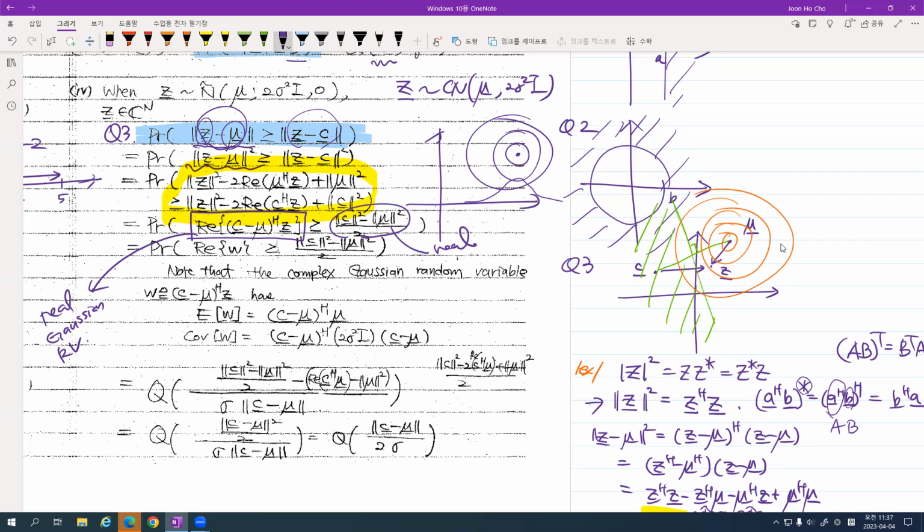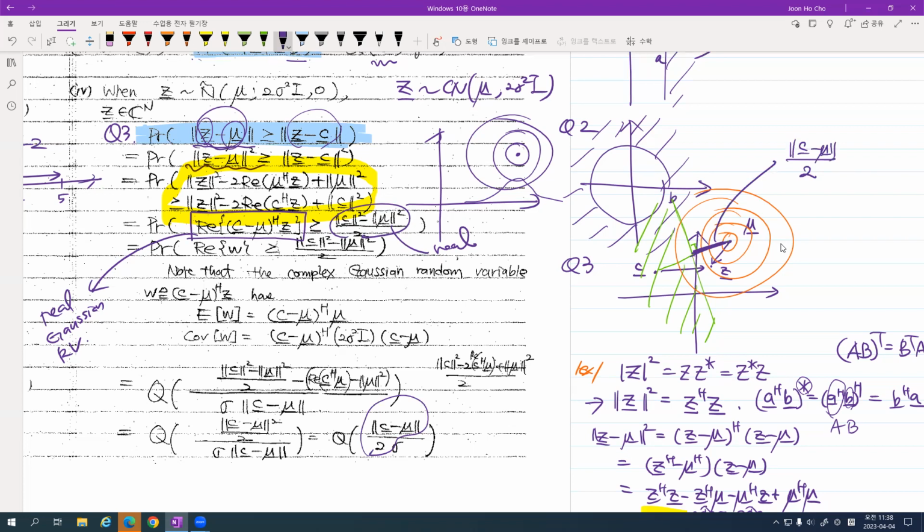And what is sigma, by the way? You can interpret it as half the distance. So this distance is c minus mu divided by 2, right? And sigma is what?